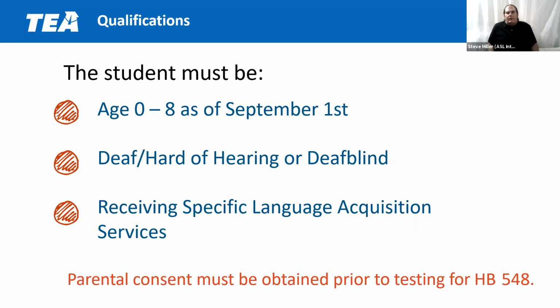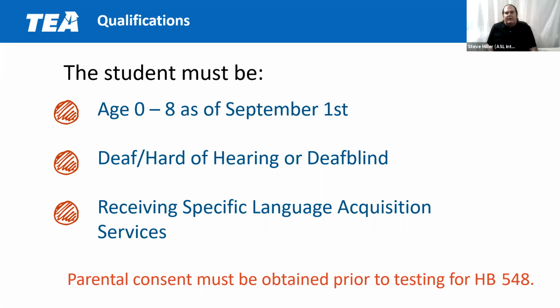The qualifications for House Bill 548 language acquisition assessments. Number one, the student must be in the age range of 0 to 8 years old by September 1st. So for example, if you have a student whose birthday is September 2nd and they become 9 years old, they can still participate in the assessment, because they were 8 years old on September 1st.